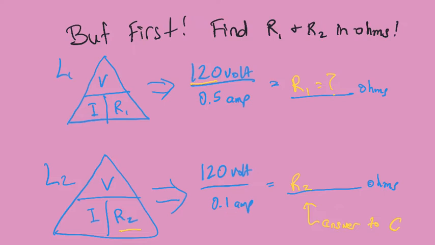And we found that back for step 1 on A. So now take 120 and divide by 0.1 and write that answer here as the number of ohms. By the way, question C for this problem asks you what is the resistance for the second light bulb. So after you calculate this, you can write that answer down for C rather than coming back and recalculating it.